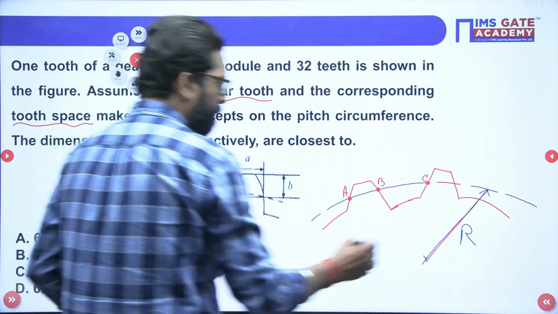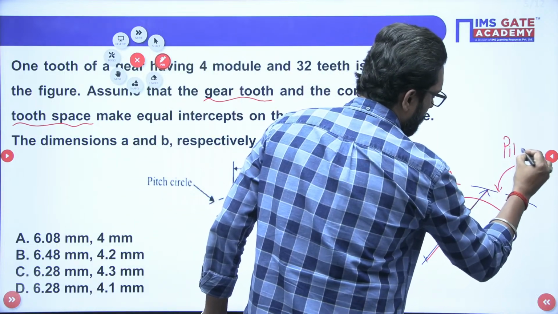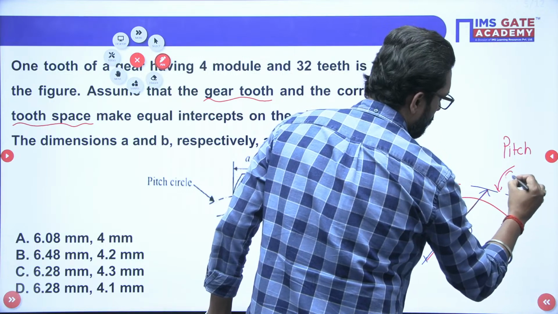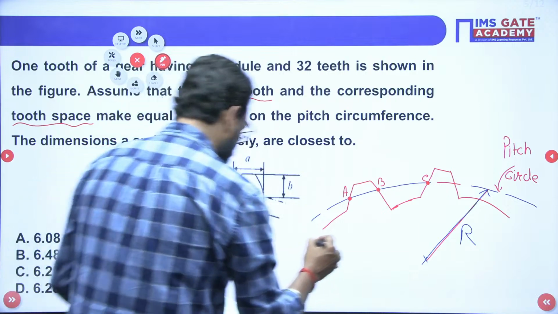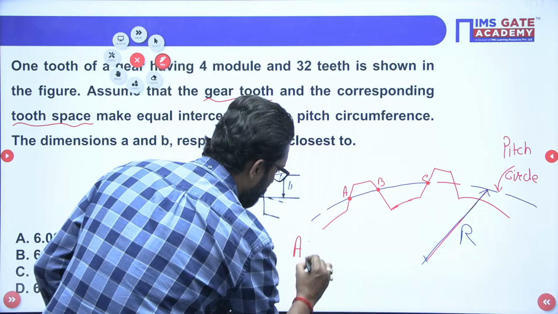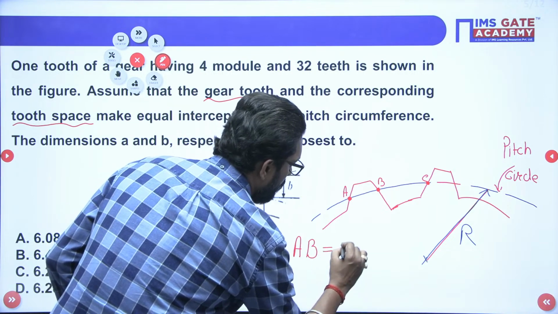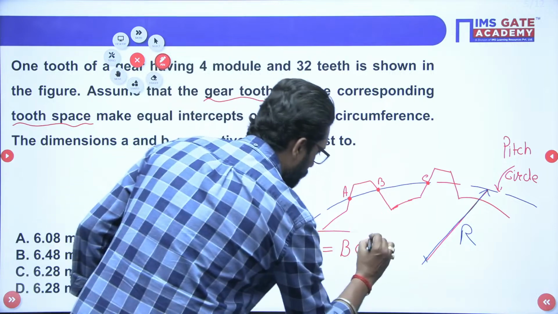This is your pitch circle. In this question, AB is equal to BC. Clear?